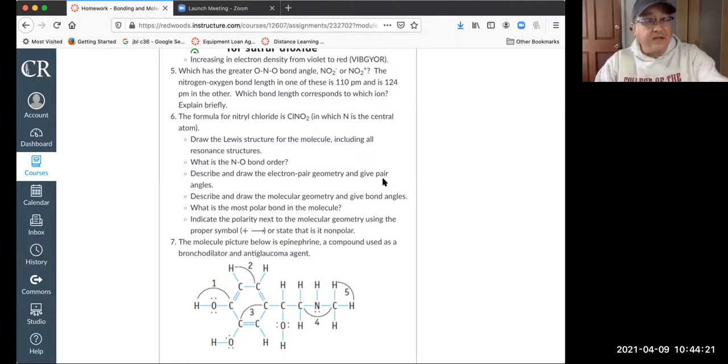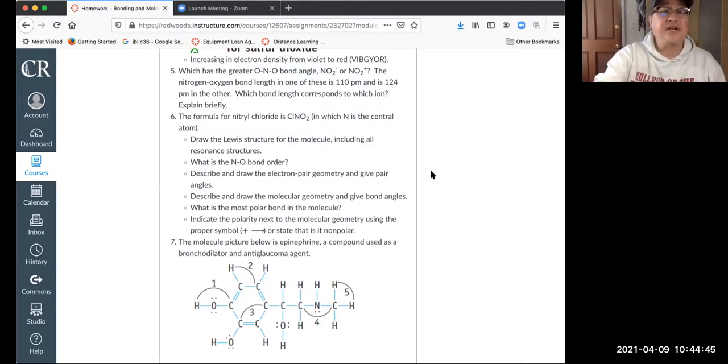So that means whether it's to the left or the right, it's 110 or 124, and which corresponds with which. So we've got NO2 minus, NO2 plus. One of these is 110 picometers and one is 124 picometers.